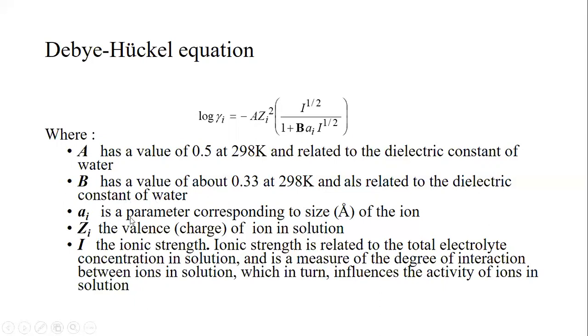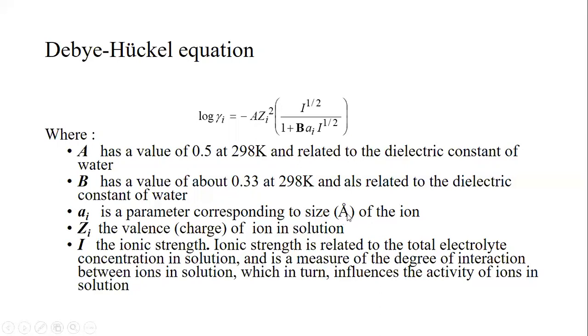A sub I is a parameter corresponding to the size in angstrom of the ion. Sorry, A sub I has to be the size in angstrom. We will find out that in your book, the tables give it in nanometer.